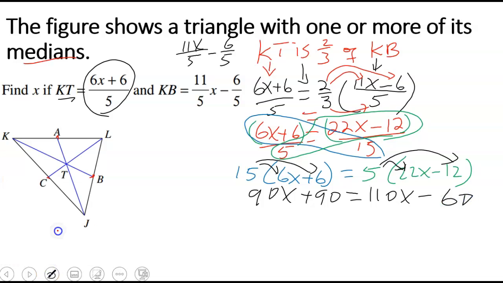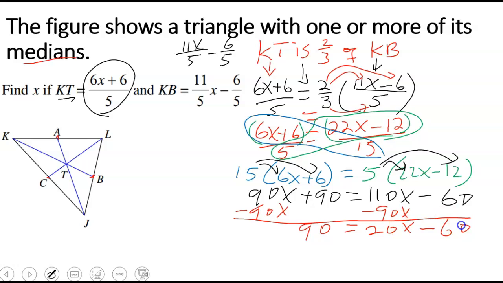Then minus 90x, minus 90x. So 90 equals 110 minus 90 is 20x minus 60.